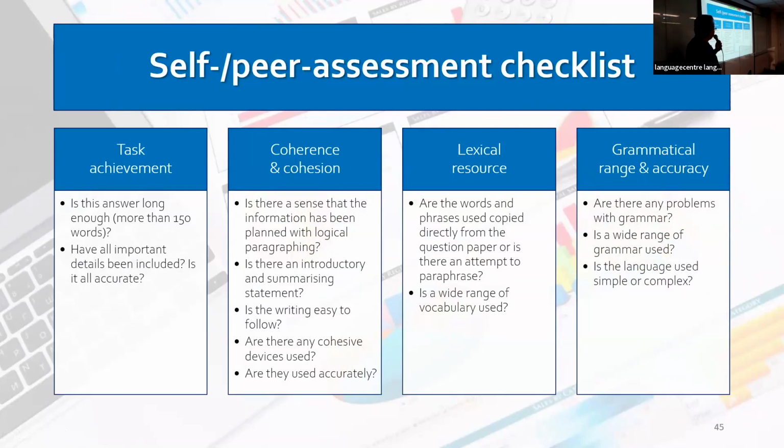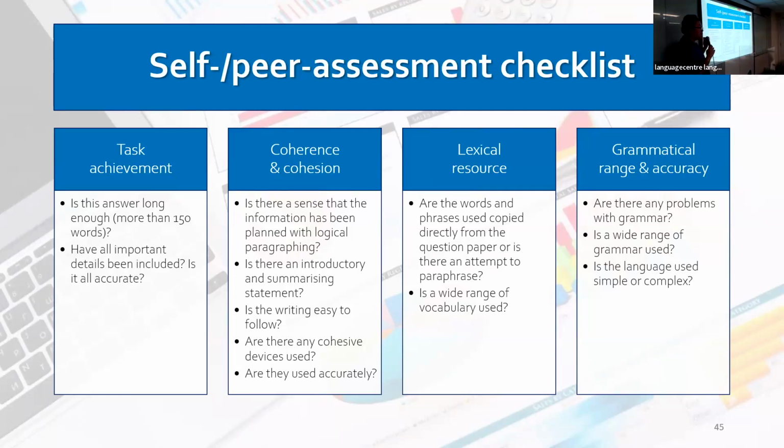I'm also attaching a self or peer assessment checklist here. I've included a total of 12 questions, and I would encourage you to use this checklist to check whether you have done all these aspects in relation to the four domains in the IELTS writing exam. Task achievement, coherence and cohesion, lexical resource, and grammatical range and accuracy.